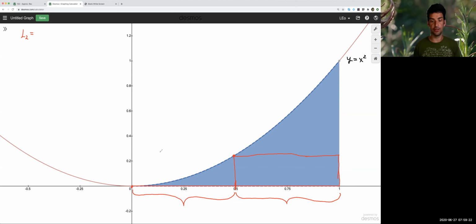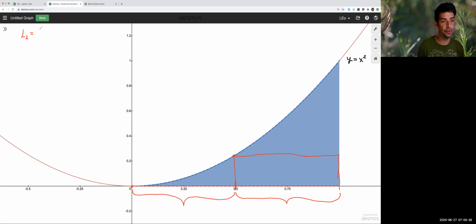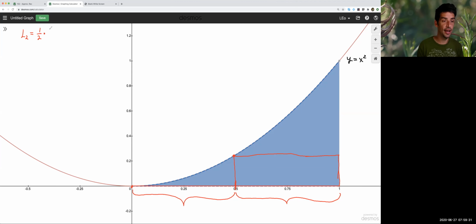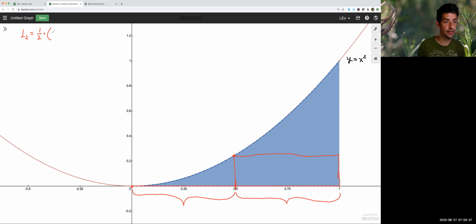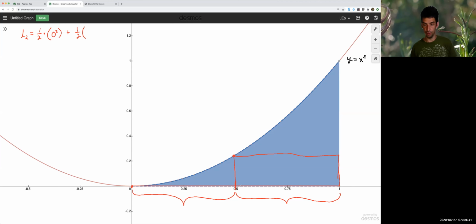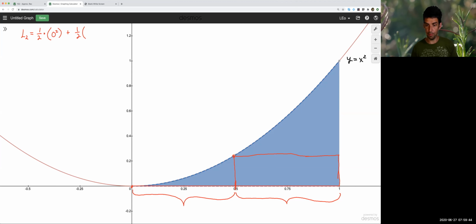So how do we figure out this area? Well, I have 2 rectangles. Each rectangle has a base of 1/2. I just multiply by the height, and the height is going to be the value of the function at the left endpoint squared. For instance, this one is 0 squared, this one is 1/2. So let's look here. This point here is the height.